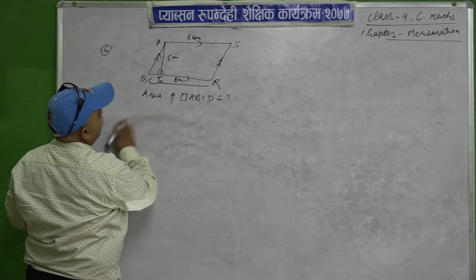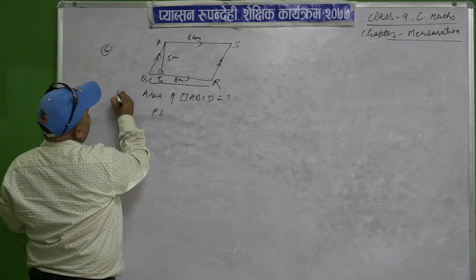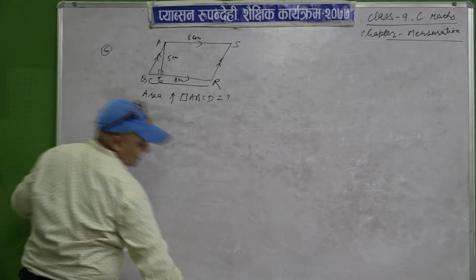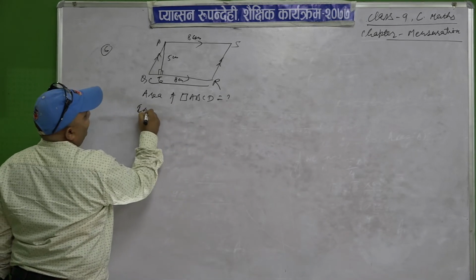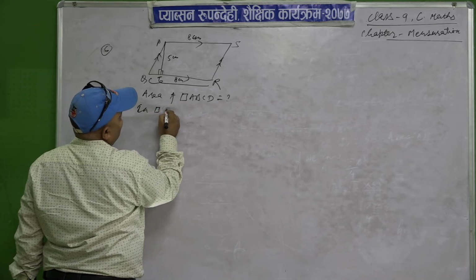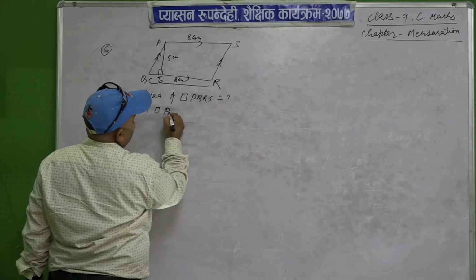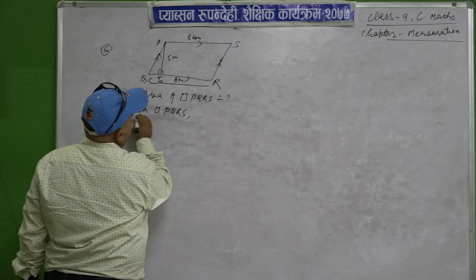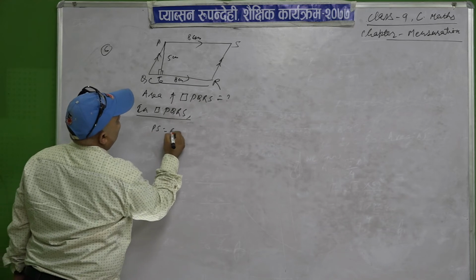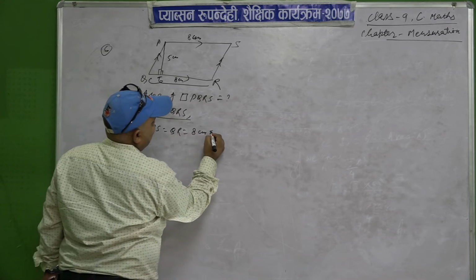Okay, now see what is given here. In parallelogram PQRS, PS is equal to QR is equal to 8 centimeter.